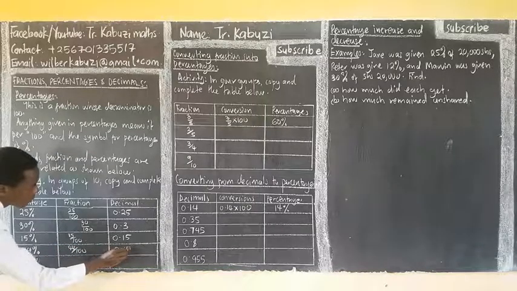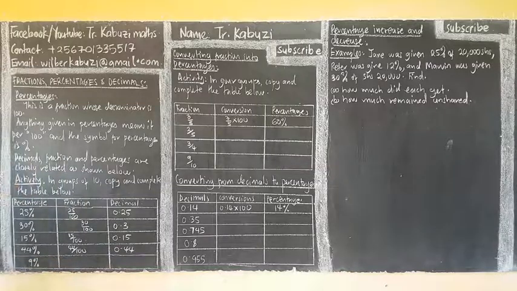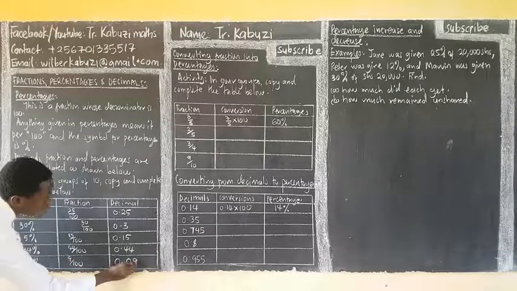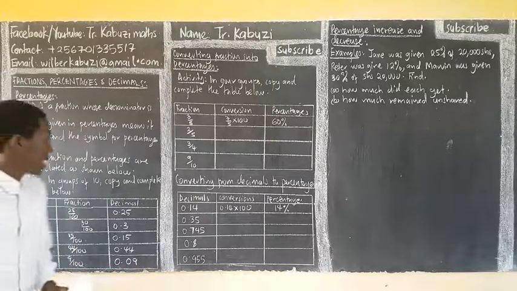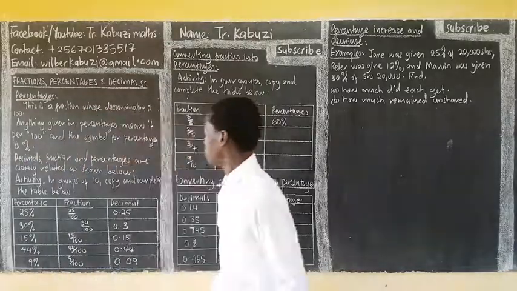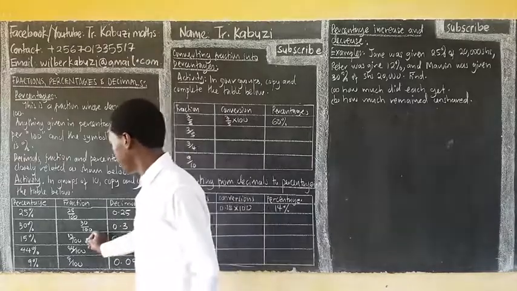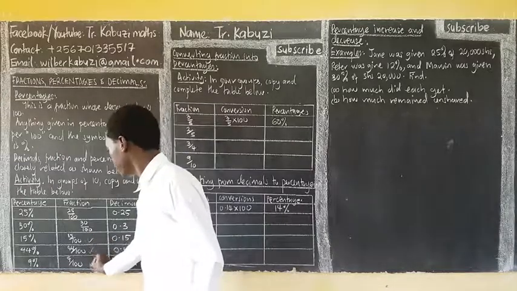Then 0.44. I think others can complete. So here they are having 9 over 100, and they are giving this as 0.09 in decimal. So that's how I think they are right. This is very okay, this is very okay, this is okay.